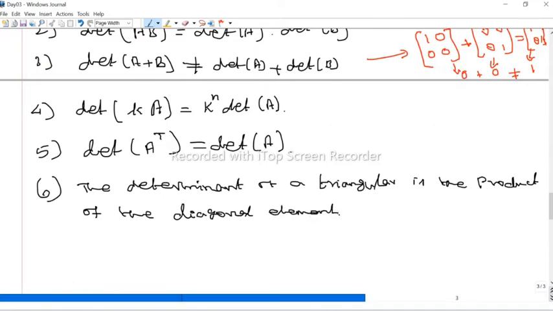Even if you take a diagonal matrix, the determinant is again the product of the diagonal elements. So these are all very important properties of determinant.